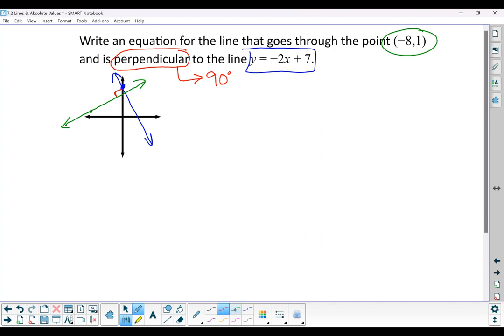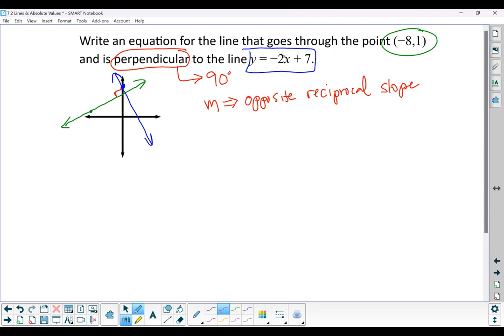So when two lines are perpendicular, their slopes are opposite reciprocals. So you not only change the sign of the slope, but you also reciprocate it.